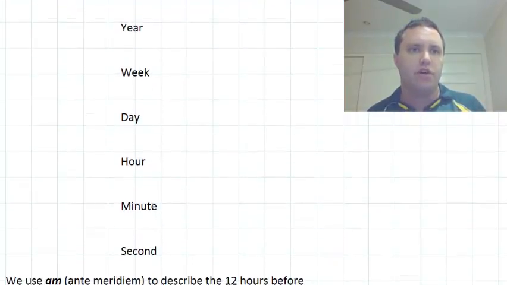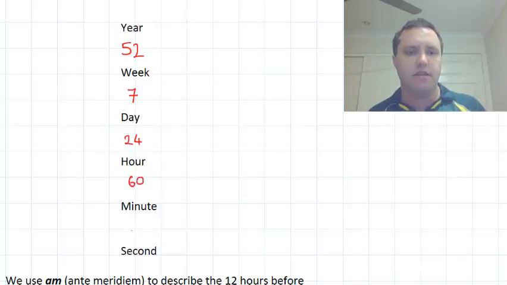There are 52 weeks in a year, 7 days in a week, 24 hours in a day, 60 minutes in an hour, and 60 seconds in a minute.